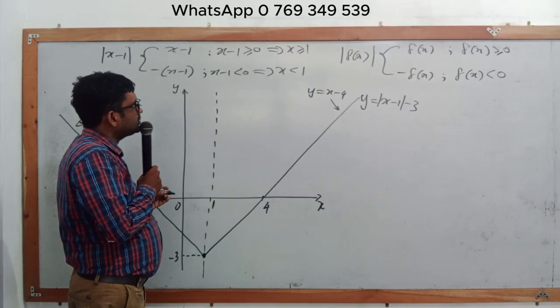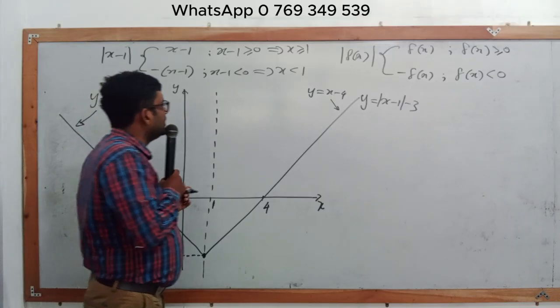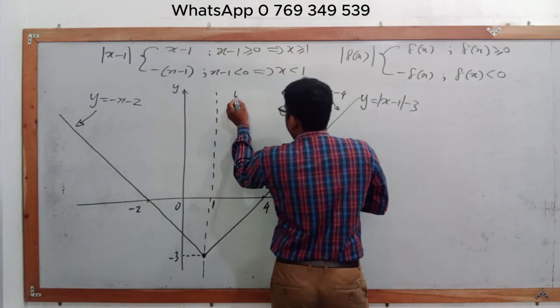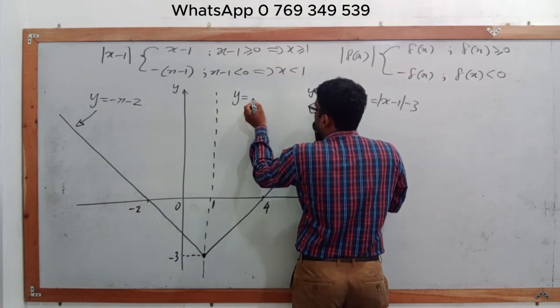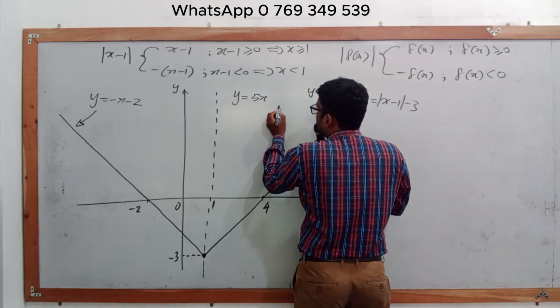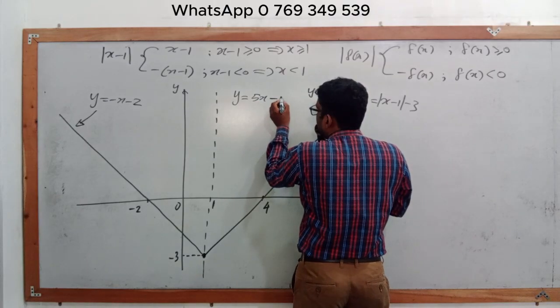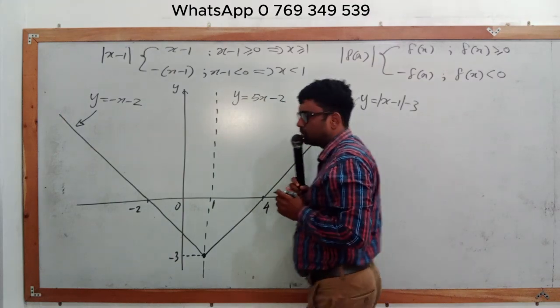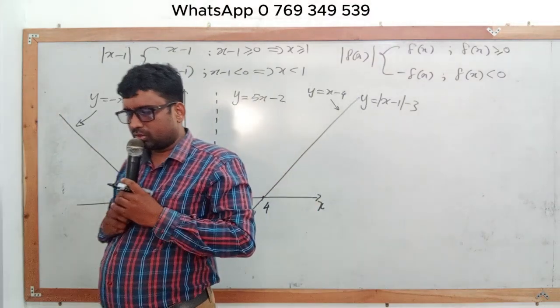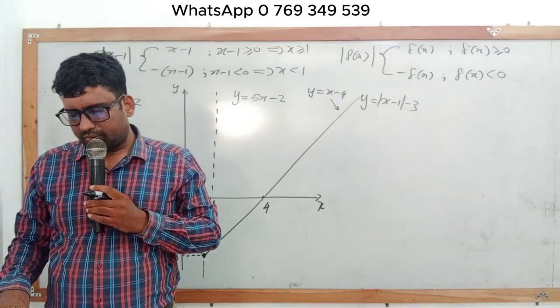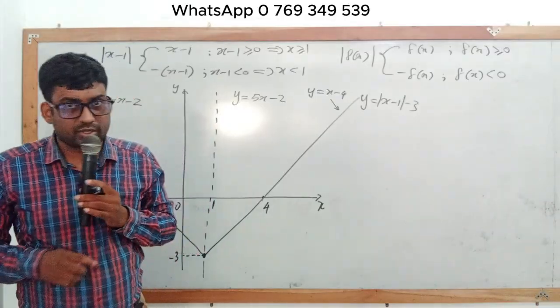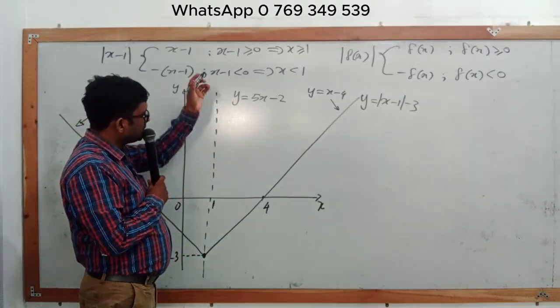And what is that? y equals 3x plus 2x is 5x minus 2. Yes. 5x minus 2. That one goes like this, no?